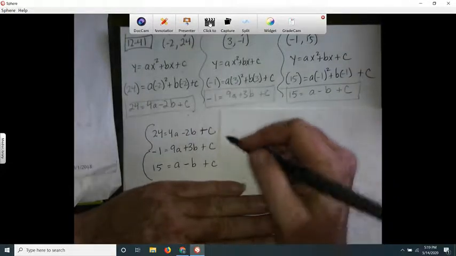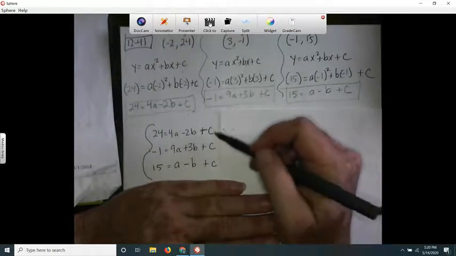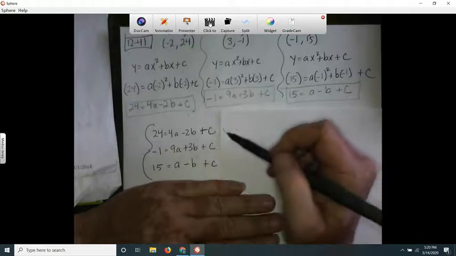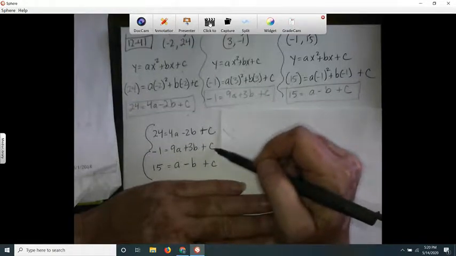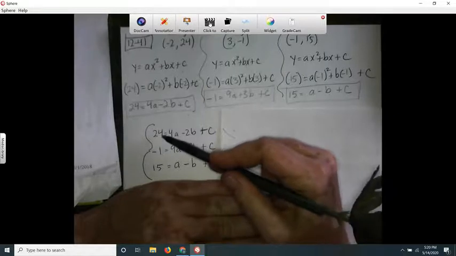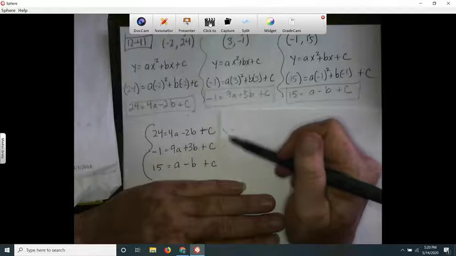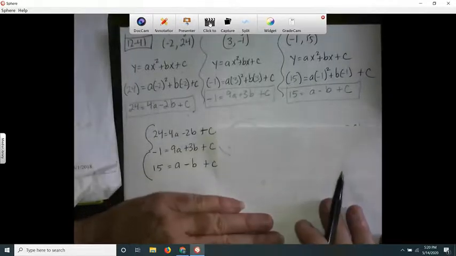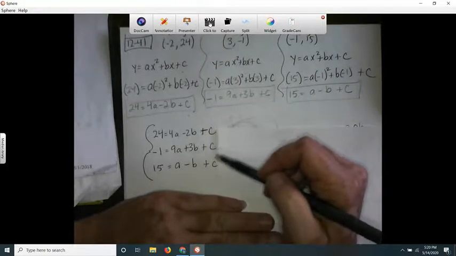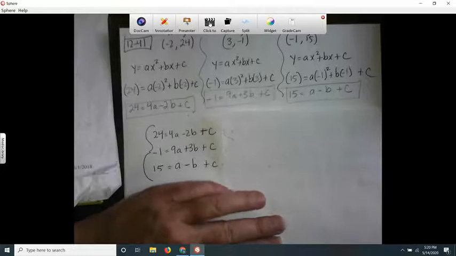I grab the first 2 equations and eliminate something. In this case, to eliminate the c, I just take the top equation and subtract the bottom from it. Then I do the same thing with the other 2, and I end up with 2 equations in 2 unknowns, because I've gotten rid of all the c's.